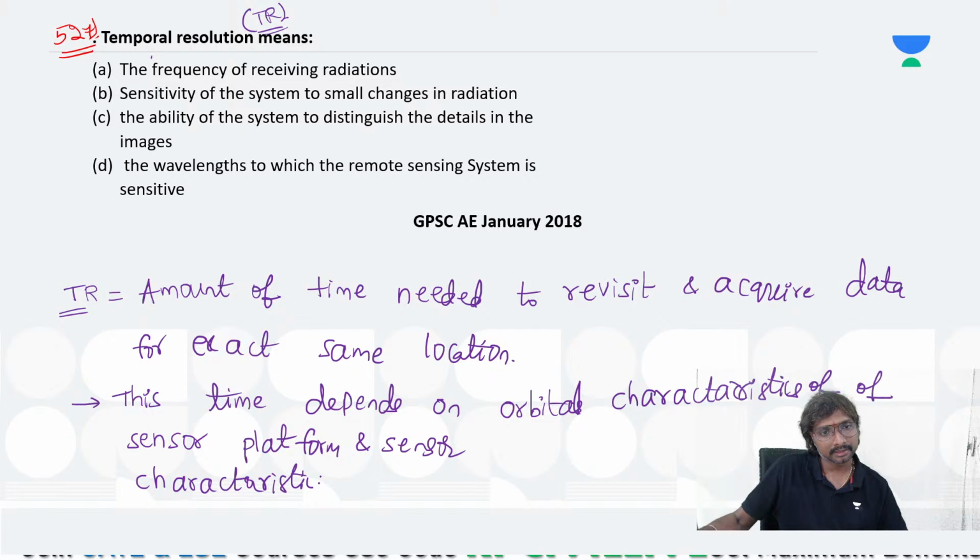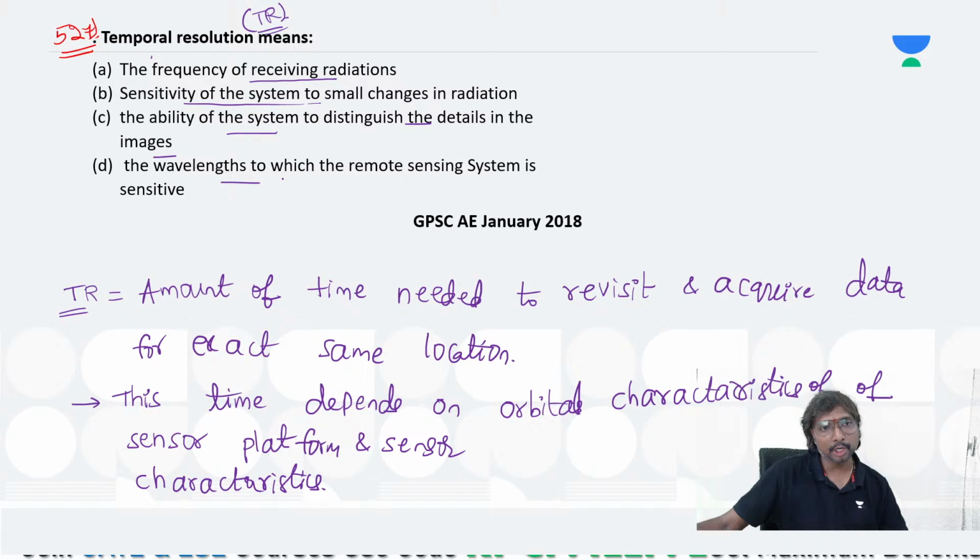Now tell me, which is correct: frequency of receiving radiations, sensitivity of the system to small changes in the radiation, ability of the system to distinguish the details in the images, or the wavelengths to which the remote sensing system is sensitive?